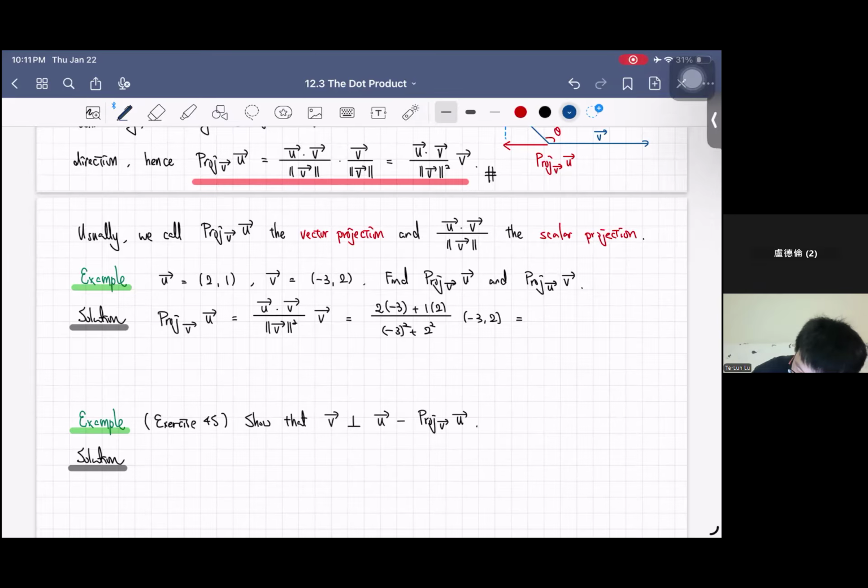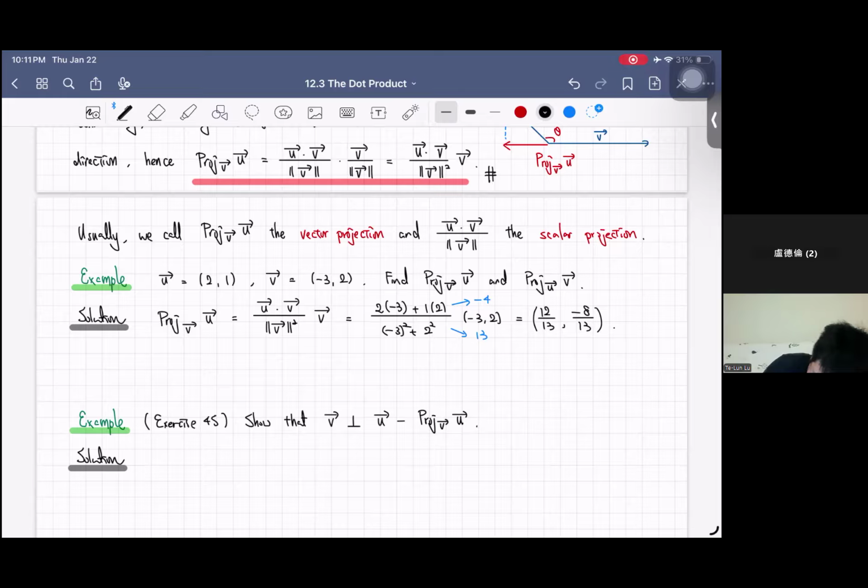So for the numerator, you get minus 6 plus 2, so that's minus 4. For the denominator, you get 9 plus 4, so it's 13. And then we get minus 12 divided by 13 and 8 divided by 13. That'll be the exact projection of u onto v.